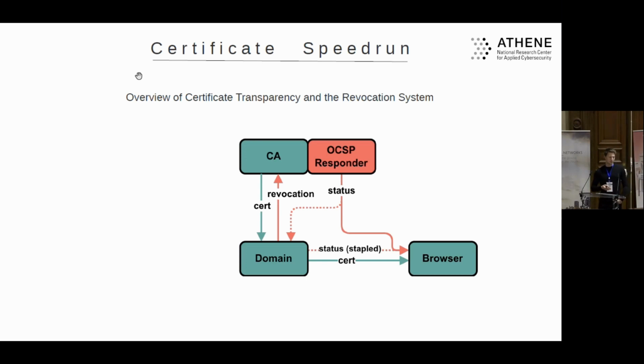The domain owner, when he finds out about an unauthorized certificate, contacts the CA and lets them know, hey, I did not authorize this certificate, please revoke it. And then the CA does so, and clients can find out whether a certificate is revoked by contacting the CA and looking at the certificate revocation list, or, as shown here, using the Online Certificate Status Protocol.